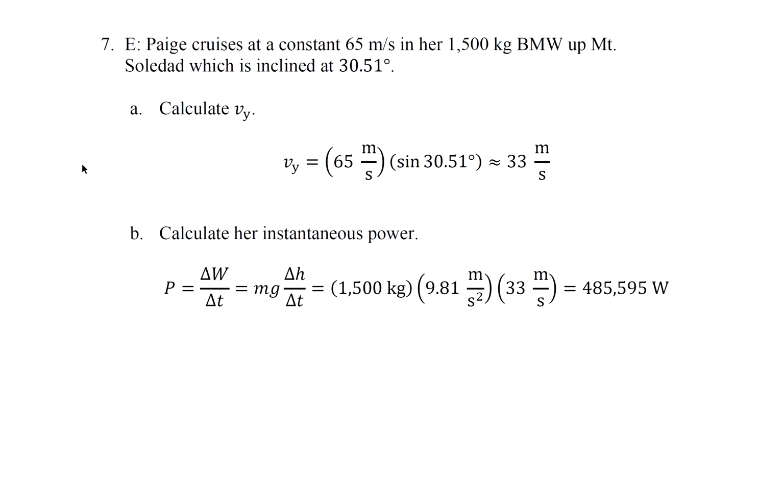Part B. Calculate her instantaneous power. So power is delta W over delta T. So that's going to be mg delta H over delta T, because kinetic energy is constant. So the power is coming from going up a height. And delta H over delta T is from part A.